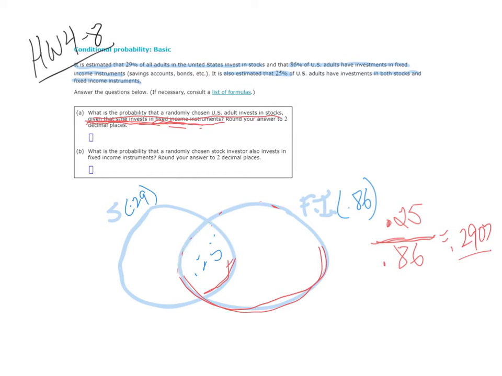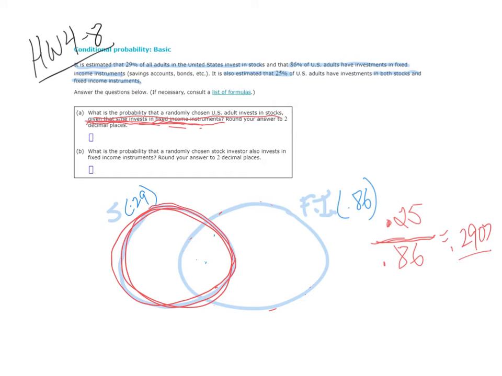So then the next one, it says, what is the probability that a randomly chosen stock investor? Okay, so basically that's saying that you're going to pick something from here. You're picking from the stock investors, so you're only looking here. So what is the probability that a randomly chosen stock investor also invests in the fixed income? So given this, you're only looking in this 29% right here.